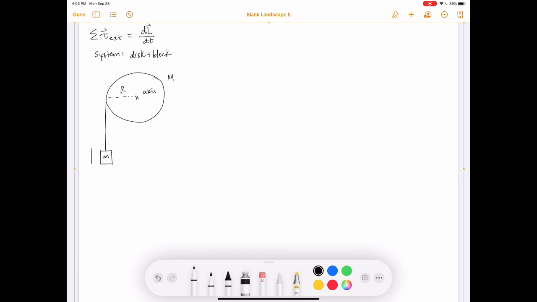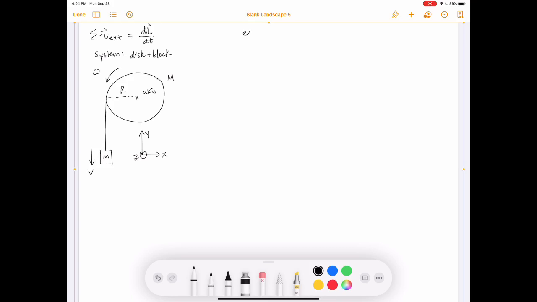Okay, so to indicate how fast the block is falling, we'll use v for that. And to indicate how fast the disk is rotating, we'll use omega as well. And then we'll show the coordinates with the x, y axes in the plane of the page and the z-axis coming out of the page like this.